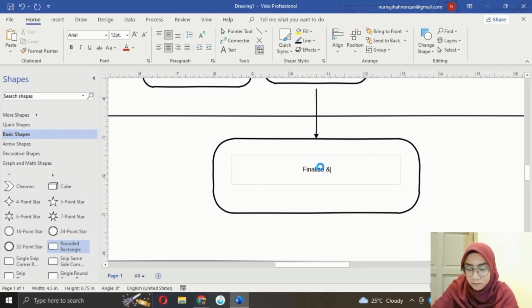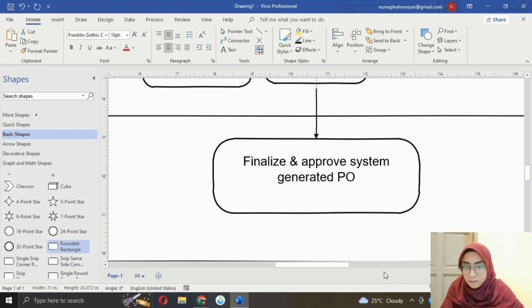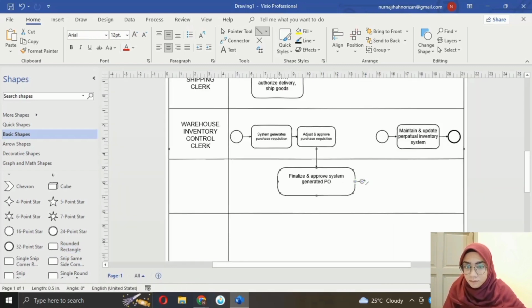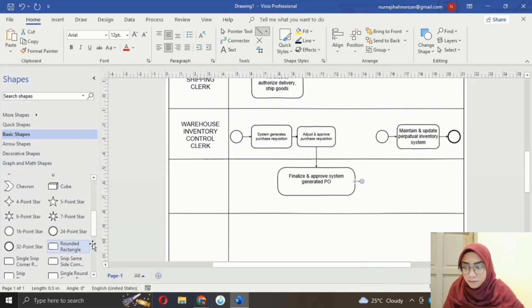The explanation is finalize and approve system generated purchase order, PO. Next, we follow with another arrow to the right side, followed by a rectangle for the next process.